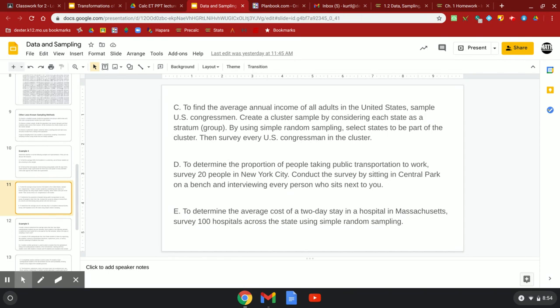But this isn't going to be good either. This is still a convenient sample, and it's not going to be good because it's not going to represent the population. Because I'm wondering about public transportation, but I'm pretty sure that people that are coming through Central Park are more than likely walking.